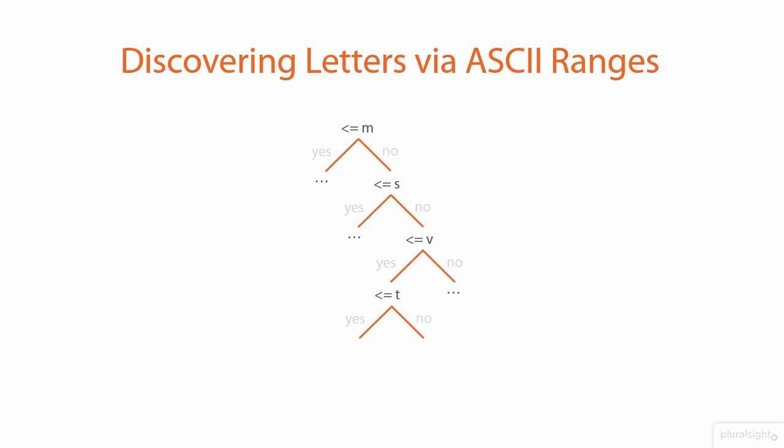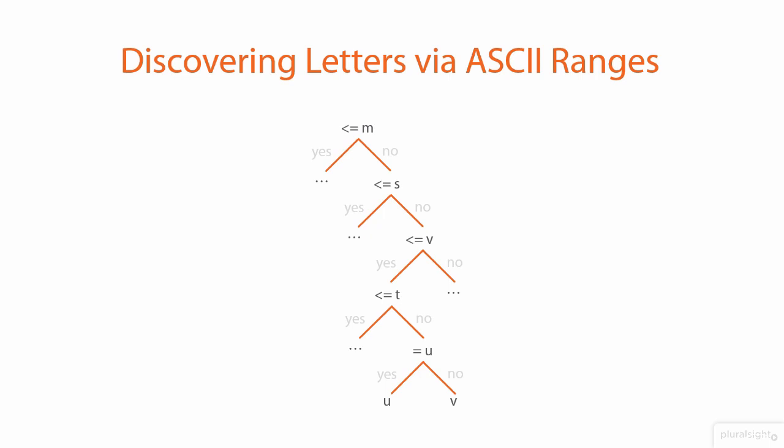Is it less than or equal to T? And obviously greater than S. No, it's not. Therefore, it's got to either be a U or a V. That's all we're left with. So we can ask that question explicitly because it's the last possible option. And then we're either going to get a yes or a no. So even though we've got 26 letters in the alphabet, you can see that this was just 5 questions.